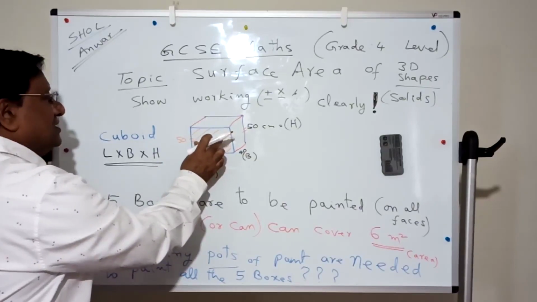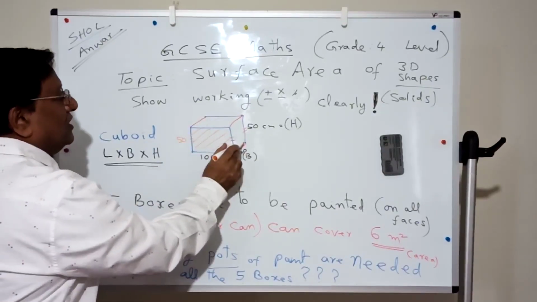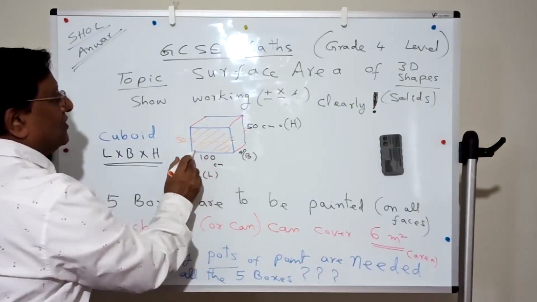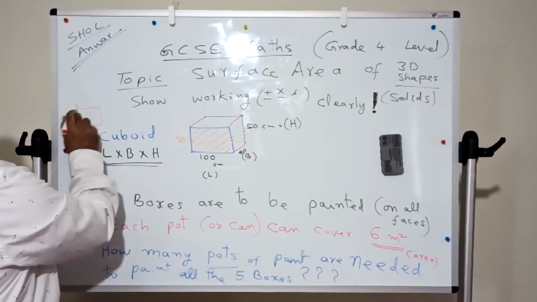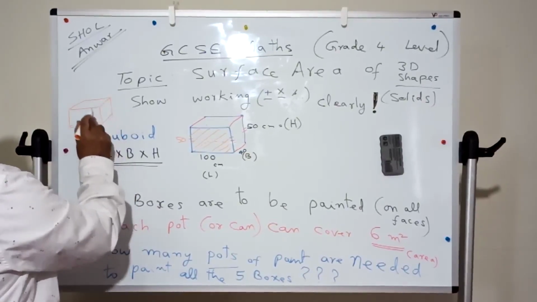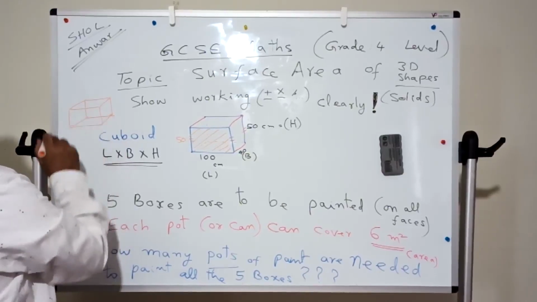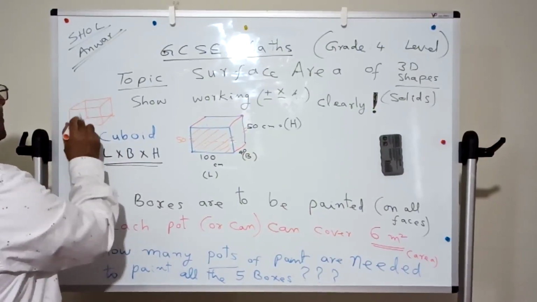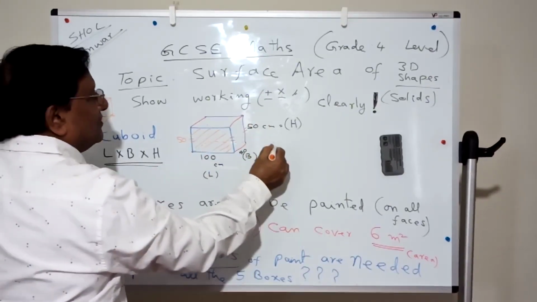If the front face is 50 times 100, the backside surface is also the same, though it is not visible. Don't show the cuboid like this; many students show everything like a wireframe diagram, with the inside transparent, but it will be confusing. Just show this one.